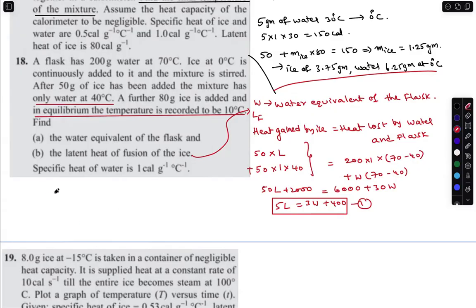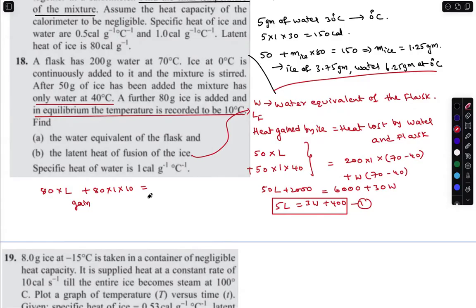So the gain part is again 80 L plus 80 into 1 into delta T, 10. Oh, sorry, I don't know L, that I need to find, so it is 80L.